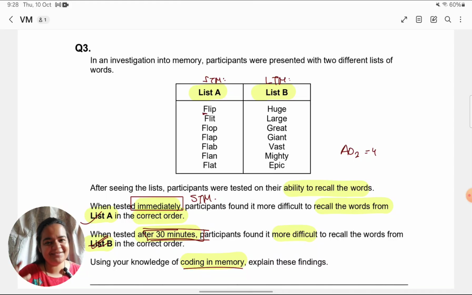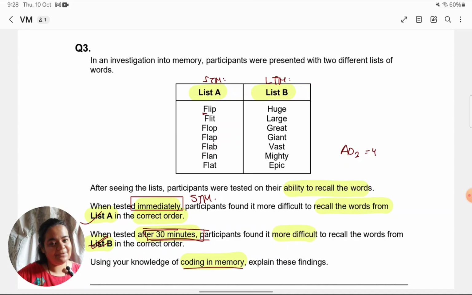Not a very good word, but that way. All of them are indicating that something is big or large. So they are very similar in meaning. That is why if a person is trying to remember these words in long-term memory, they are essentially encoding it in the form of what they mean. So it's going to be confusing when all are meaning similar things.